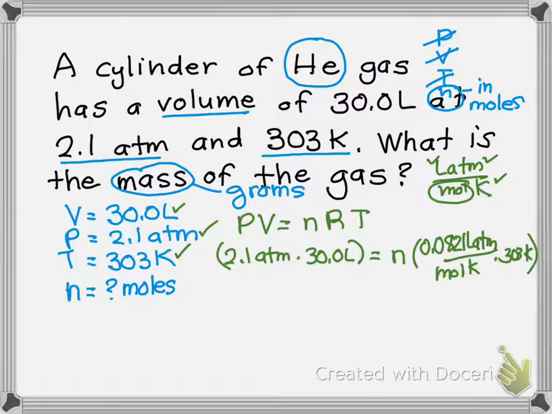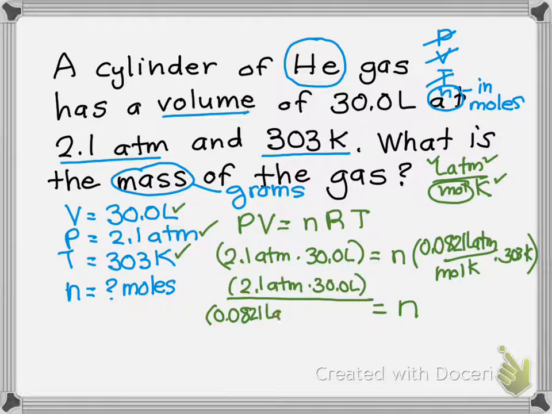So to solve for n, I'm going to divide R and T over to the other side. So I have 2.1 atmospheres times 30 liters on the top, and I'm going to divide that by 0.0821 liters atmospheres over moles Kelvin times 303 Kelvin. Looking at the units, the atmospheres cancel, liters cancel, and the Kelvins cancel, leaving me with moles.